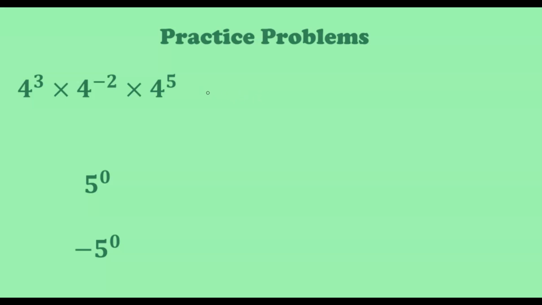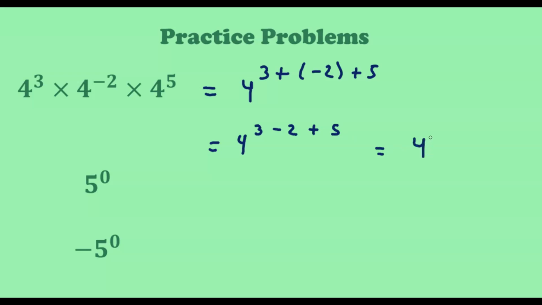Using the product law, this will be equal to 4 to the power of 3 plus negative 2 plus 5. Or simply, we can write that as 4 to the power of 3 minus 2 plus 5. Now 3 minus 2 plus 5 is equal to 6. So the final answer is 4 to the power of 6.